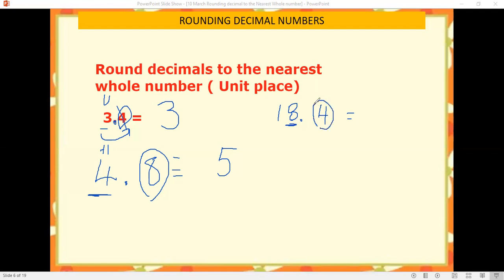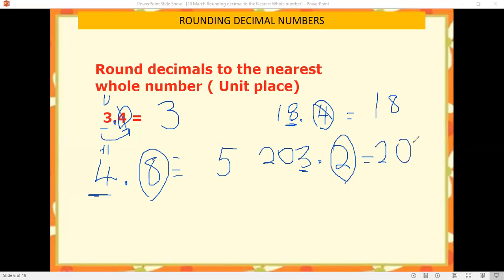Of course, it's 4 or less, so just cancel it and we are going to write 18. Another one, 203.2. So this is the unit, and we have only 2, so it is 4 or less. Therefore, our answer is 203.